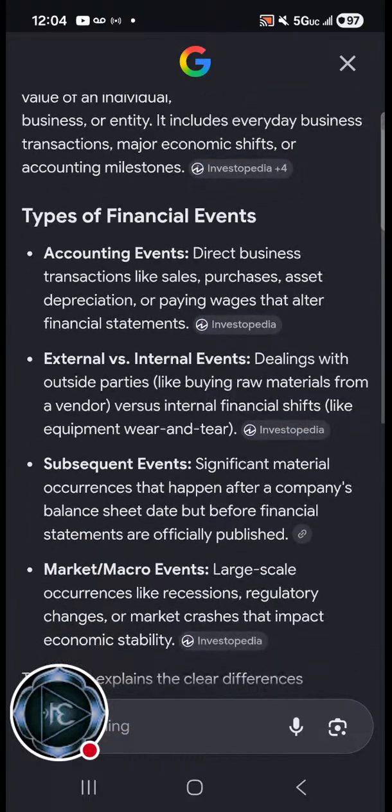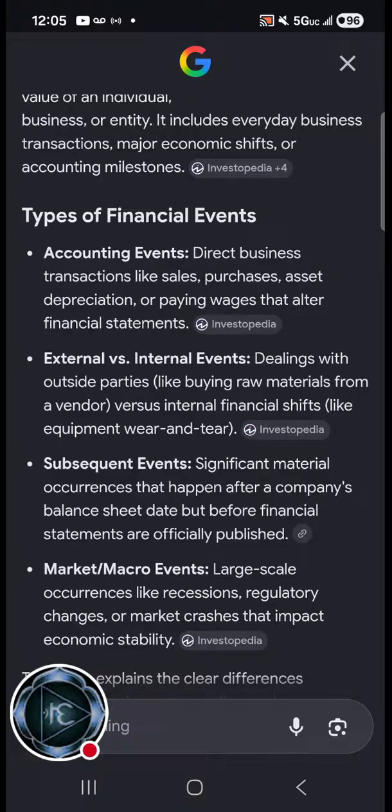Accounting events, direct business transactions like sales. Okay, you sold your house or you sold your vehicle. Okay, that's an event. You purchased something. You purchased a home, or some real property, or an asset. Okay, asset depreciation. Perhaps the value of your asset went down. Your house caught on fire. All right, that is an event.